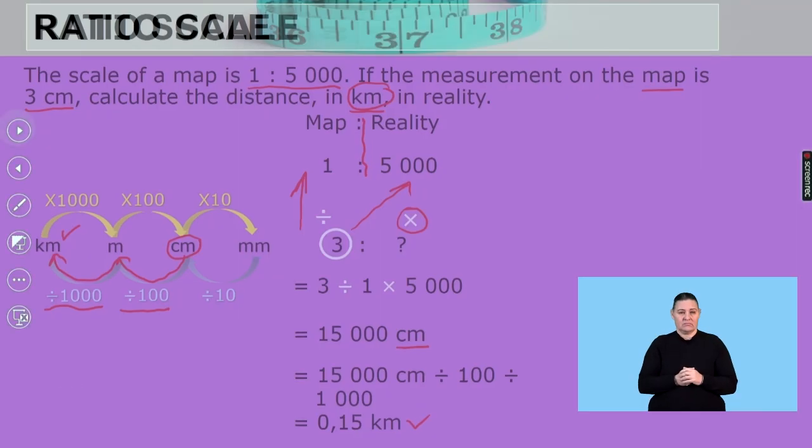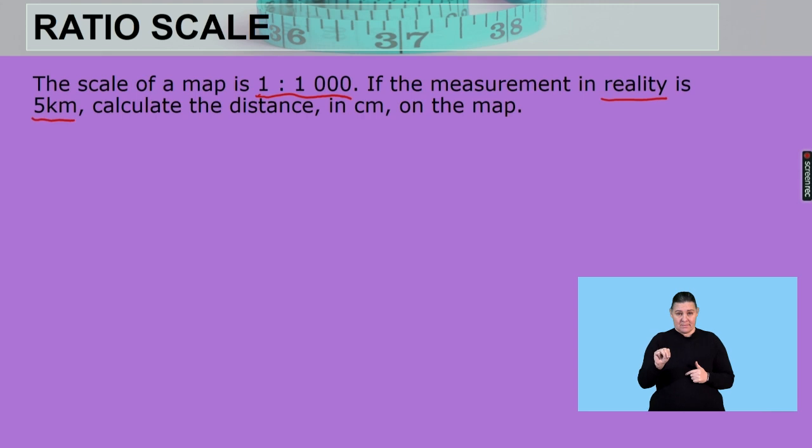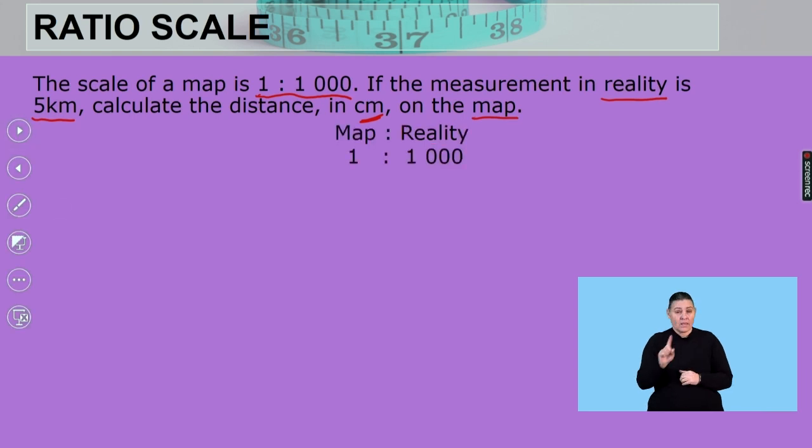So if I look at the next one, the scale of a map is now 1:1,000. If the measurement in reality this time is 5 kilometers, calculate the distance in centimeters on the map. So in this question, we're now trying to find the map's distance. Procedure is kind of the same. Let's see what we've got to do.